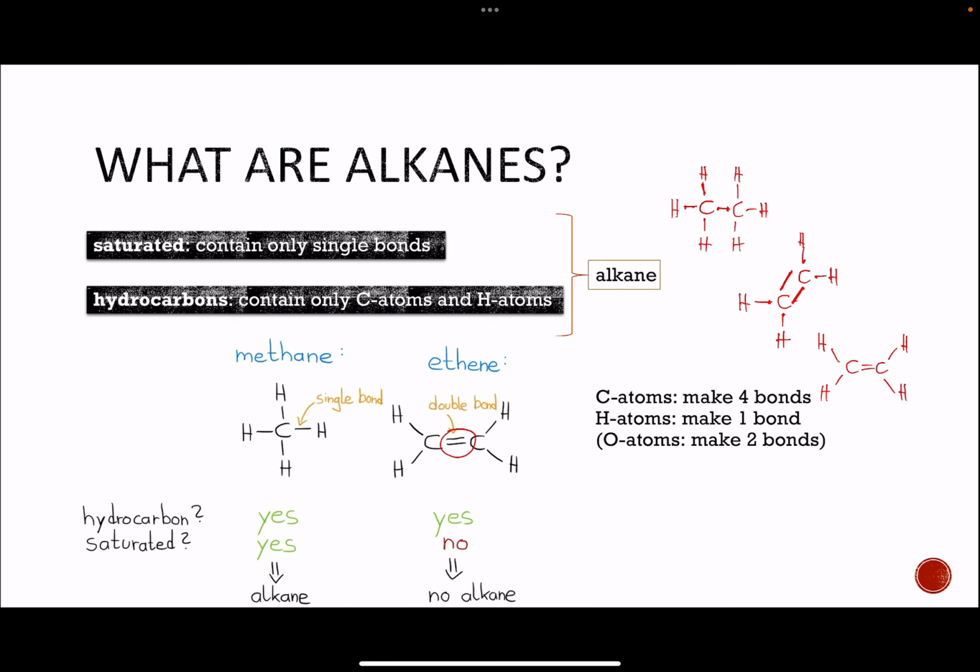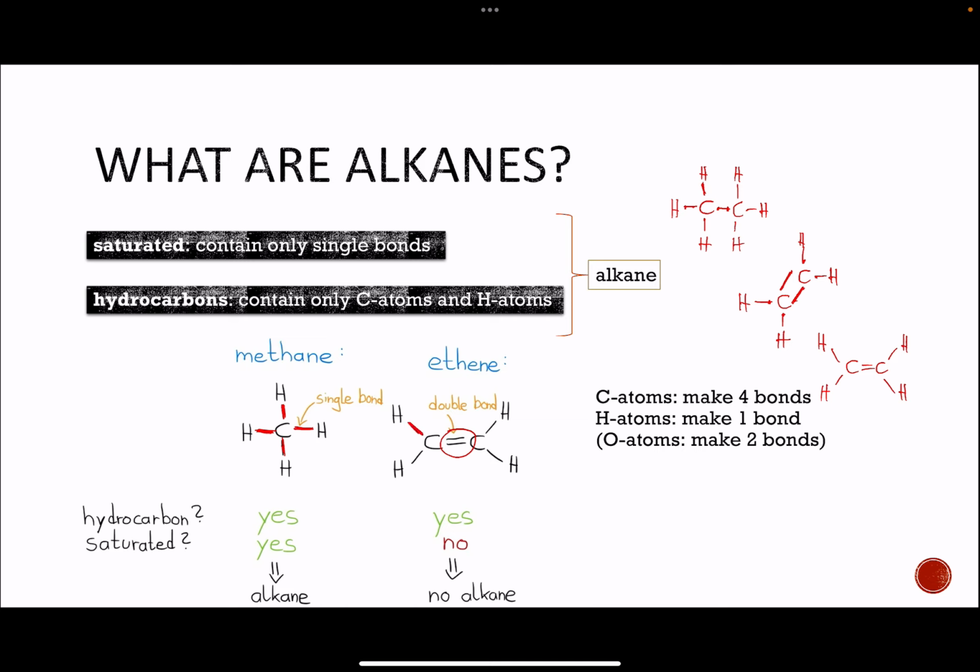Let's illustrate this with the molecules methane and ethene. So this carbon atom of methane has 4 bonds, to 4 hydrogen atoms. But even the carbon atoms within ethene that are involved in a double bond, they still make 4 bonds.